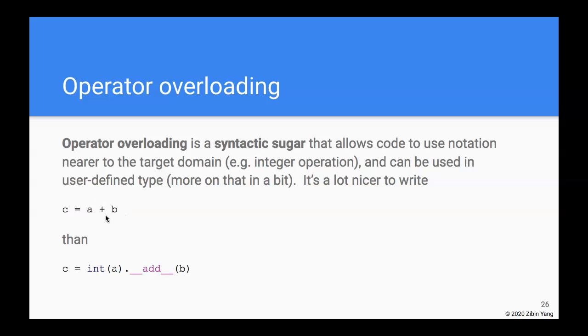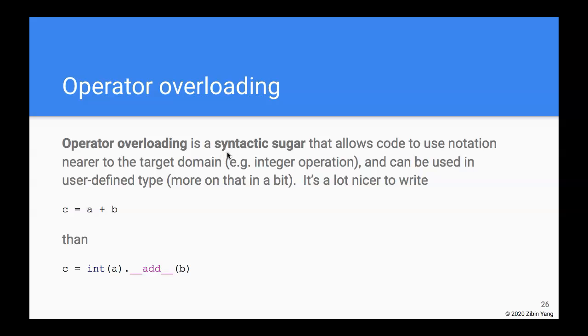And a plus sign is a notation that we are very familiar with. And the way Python defines it actually allows operator overloading to also be used in user-defined types, and we'll talk about it in a second video.